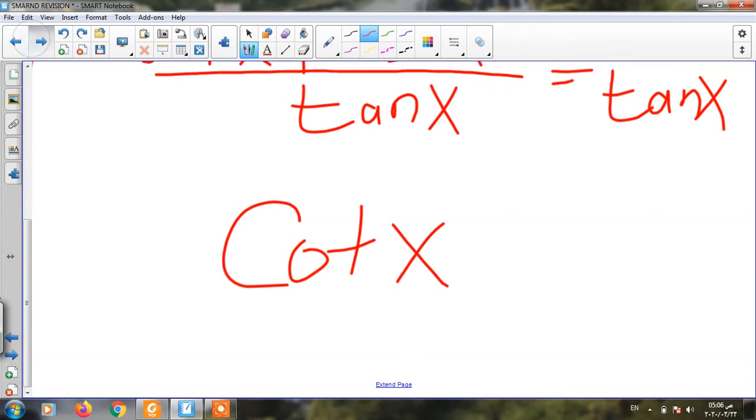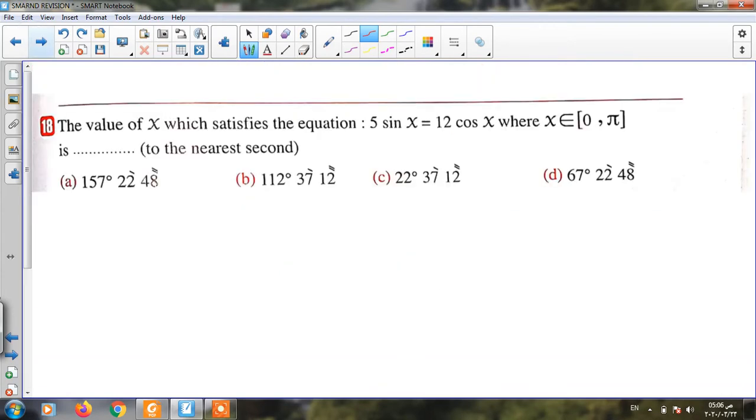Next question. The value of x which satisfies the equation 5 sine x equals 12 cosine x. Firstly, we write here sine x over cosine x equals 12 over 5.